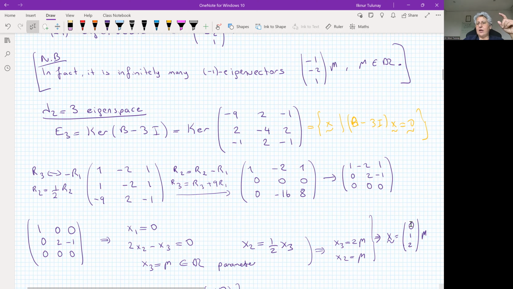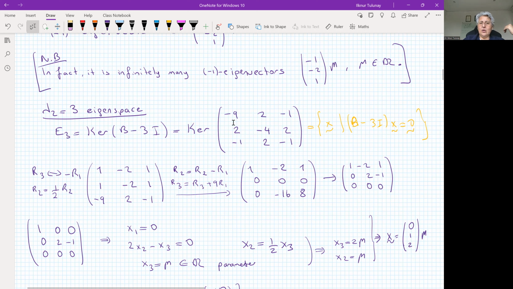So we will have a vector with integer elements. This is why I have 2 mu. Since mu can be anything in the real numbers, choosing 2 mu will not create any problem. So this is the vector.